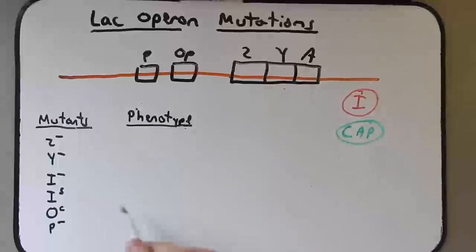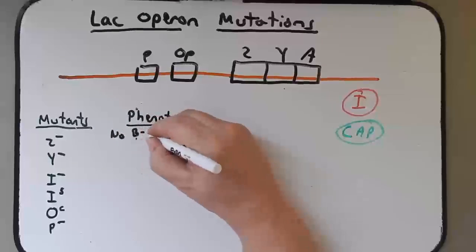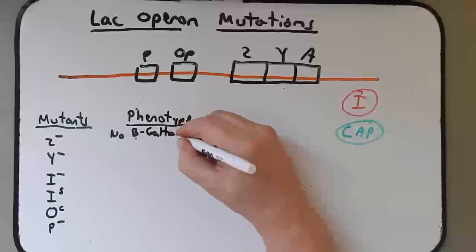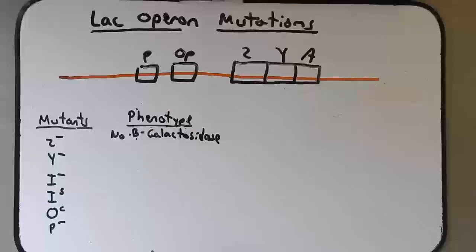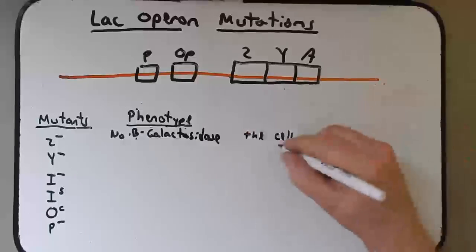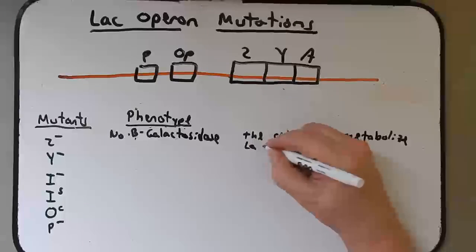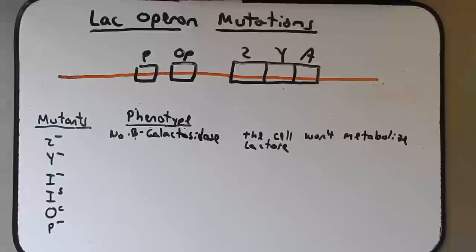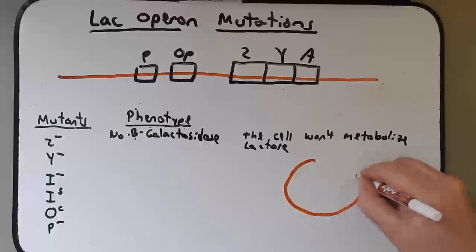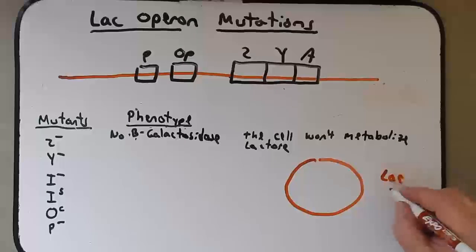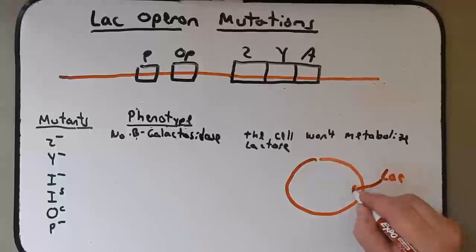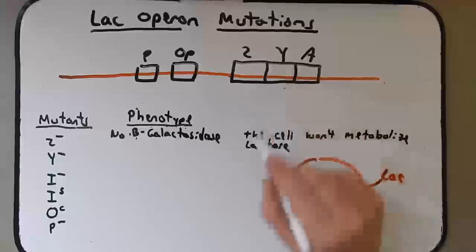Okay, our lacZ mutant, Z minus, will make no beta galactosidase. So if it's not making beta galactosidase, the cell won't metabolize lactose. Because remember, if we have our cell here and lactose outside of the cell, it'll still enter the cell because we're still having the permease being made.